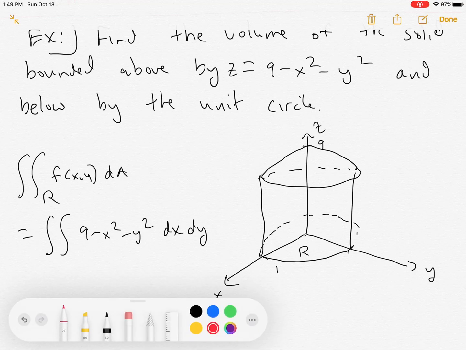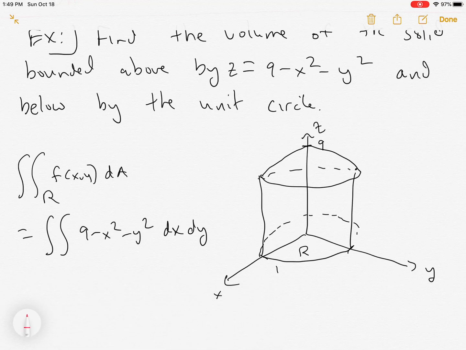And then to find our limits, we take a line array here and we go through this R, and we intersect R in 2 functions.